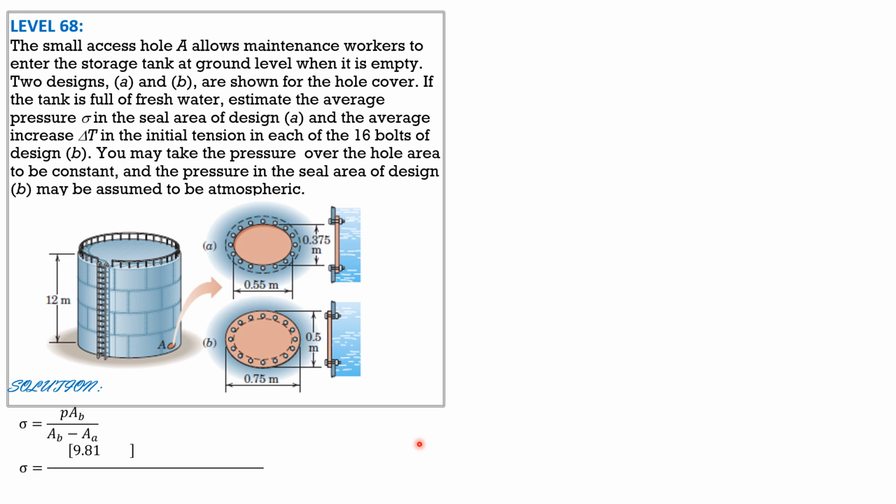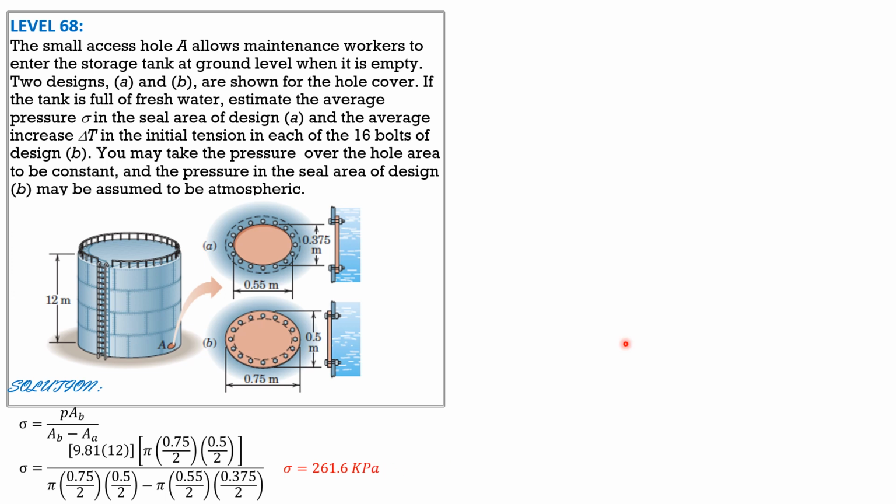So it is 9.81 times 12 times quantity pi times 0.75 over 2 times 0.5 over 2, that's area of B, divided by pi times 0.75 over 2 times 0.5 over 2 minus area of A, pi times 0.55 over 2 times 0.375 over 2. So that's the average pressure in the seal area.